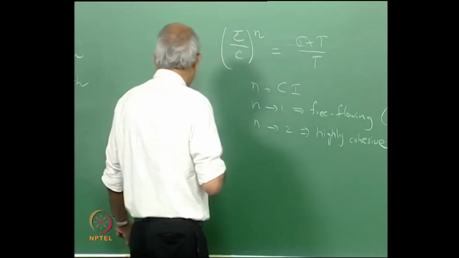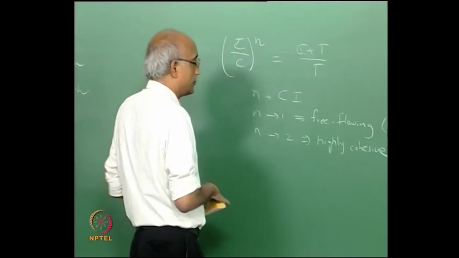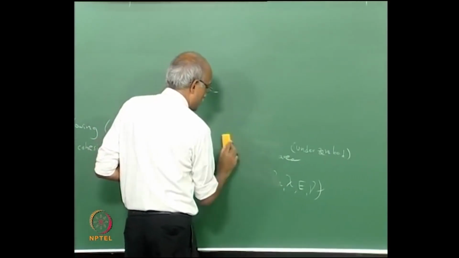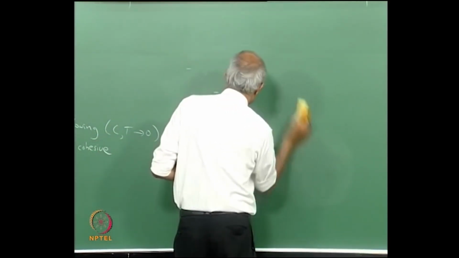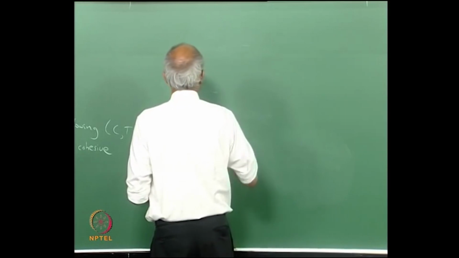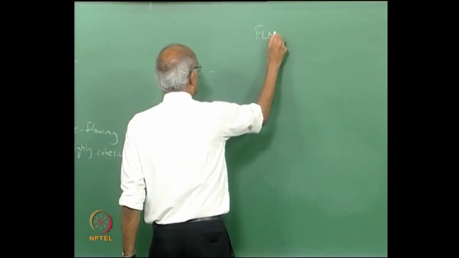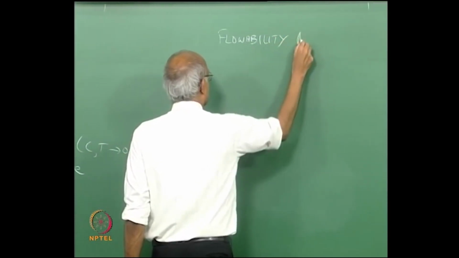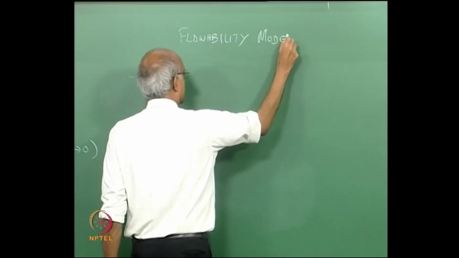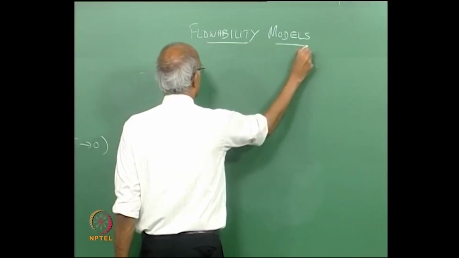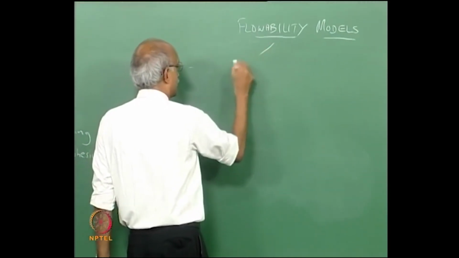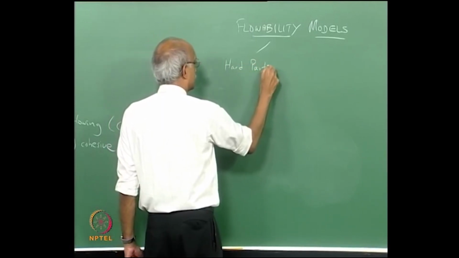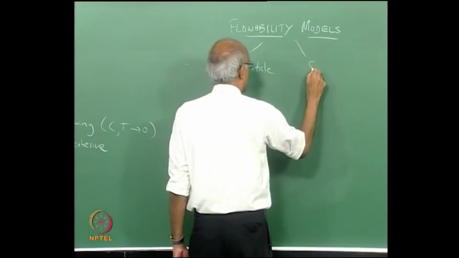In fact, there are two models that are applied depending on whether you have a highly cohesive material or not. So these are flowability models as they are known. And the two models are the hard particle model and the soft particle model.